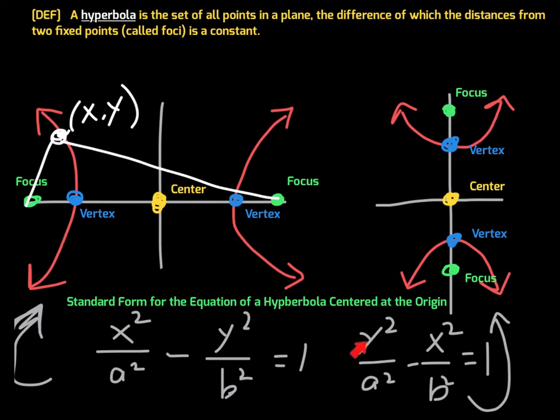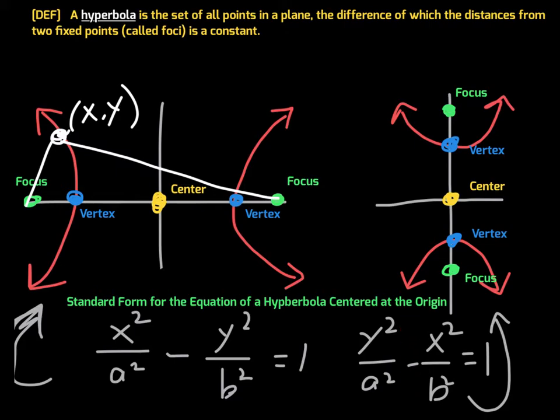If y comes first? Okay, your hyperbola opens up and down. I should probably be a little more careful. When I say it comes first, I mean the positive term, so it's x and then minus y. Okay, it's opening sideways like this. If it's y minus x, right, it's opening up and down. So it's that simple. Now, again, these equations are the equations for a hyperbola that's centered at the origin.